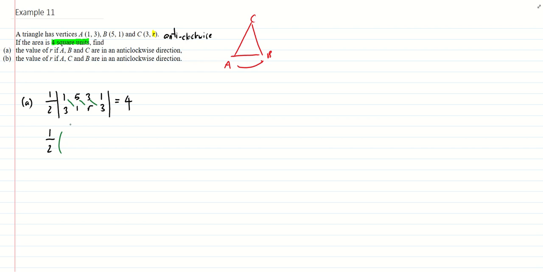So we will have 1 times 1, which is 1, plus 5 times r, which is 5r, and 3 times 3, which is 9. And then we'll do all the subtractions. So we'll do this, this, and this. So we'll have 5 times 3, so minus 15, 3 times 1, minus 3, and r times 1, minus r.